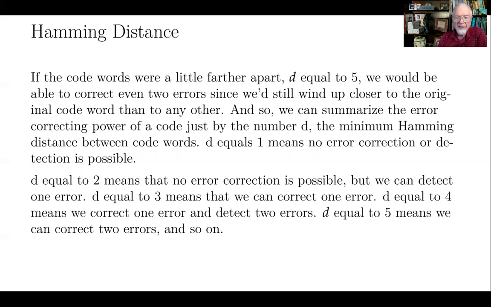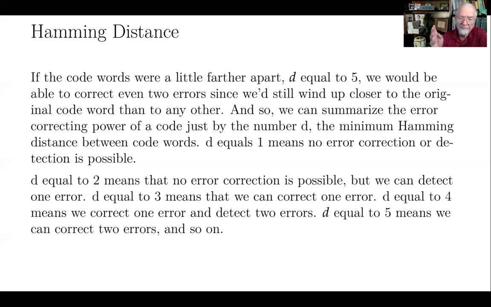So in this case, you'd be able to correct 2 bits of error, and you'd be able to diagnose that a 3-bit error could occur. So D equals 4 corrects 1 error, detects 2. D equals 5 means we can correct 2 errors and know that we've had 3 errors.